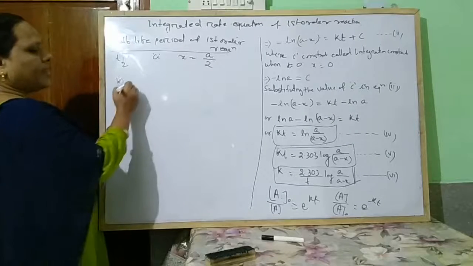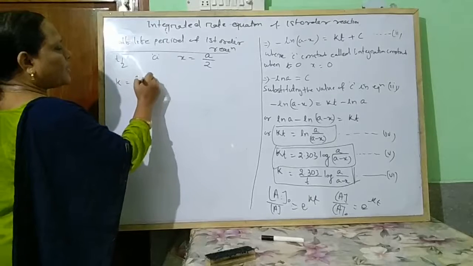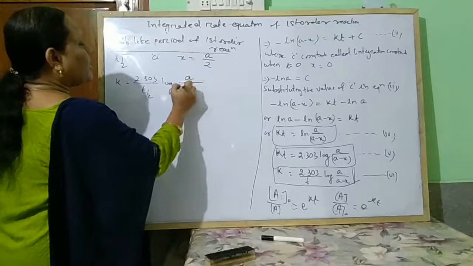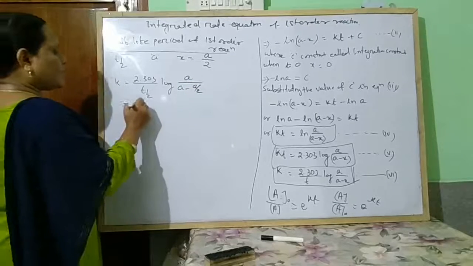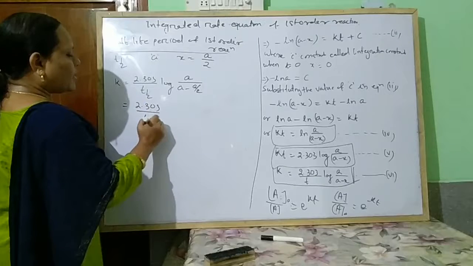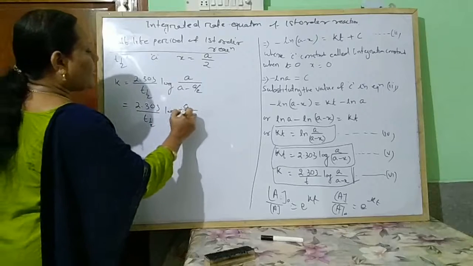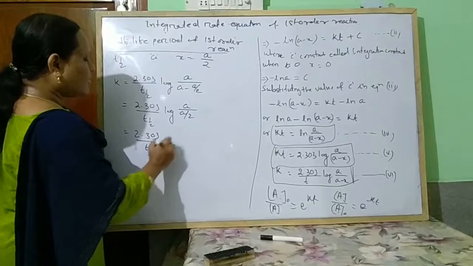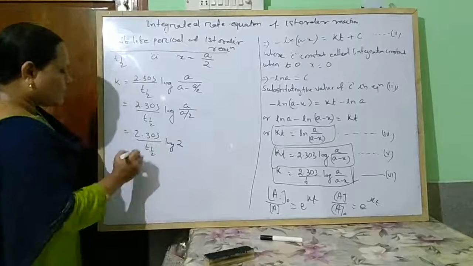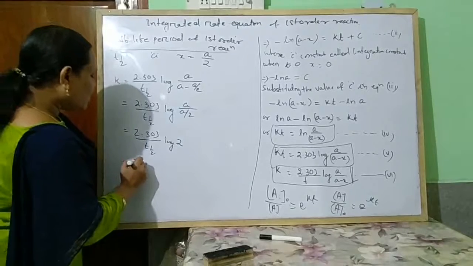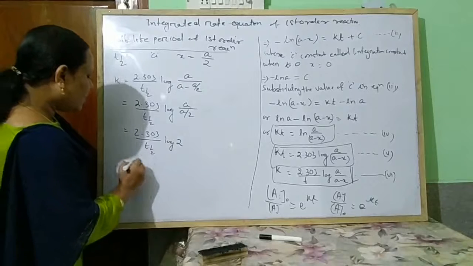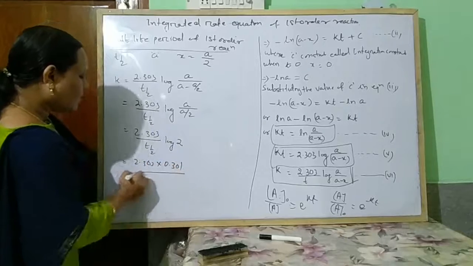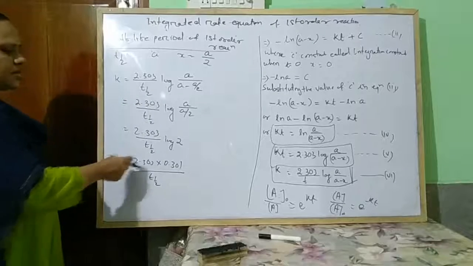We get k equal to 2.303 by t half log a by (a minus a by 2), that is equal to 2.303 by t half log 2. Here 2.303 is given, and the log 2 value is 0.301, divided by t half.